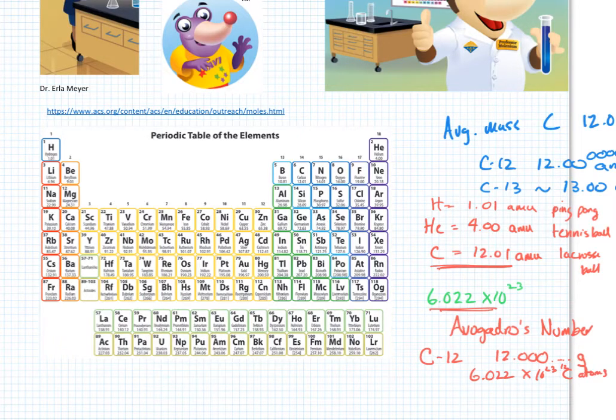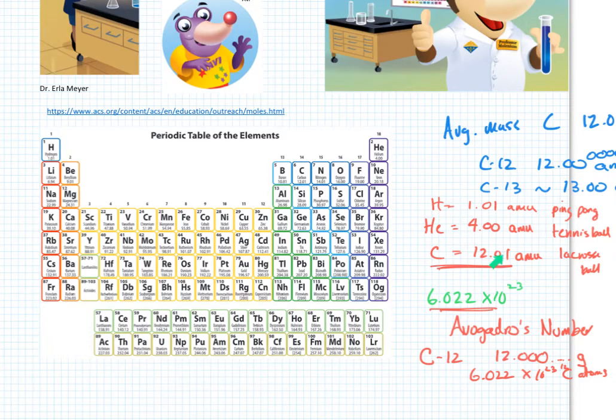Okay, so we're still using carbon-12 as our basis, and if we take the mass in grams instead of in a.m.u.s, 12.000 grams, and we were to somehow count out all the atoms, it would have 6.022 times 10 to the 23rd carbon atoms.